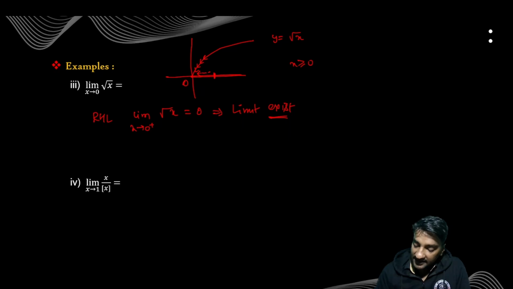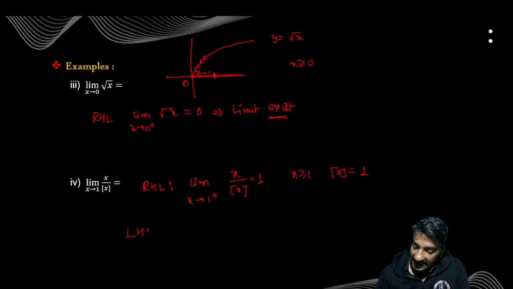Next, we have another beautiful example. This has been asked by IITs also. So we need to calculate RHL. Therefore, limit x tends to 1 plus, this is x upon box of x. Since we know that if x is greater than or equal to 1, box of x is equal to 1 only, therefore this value is 1.